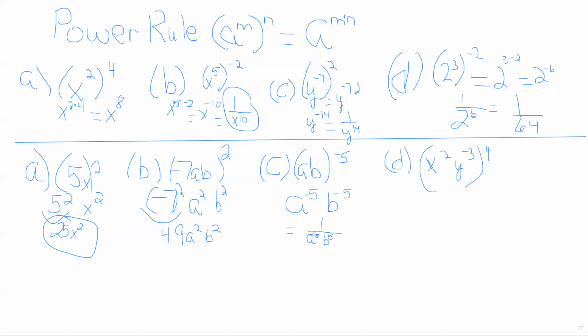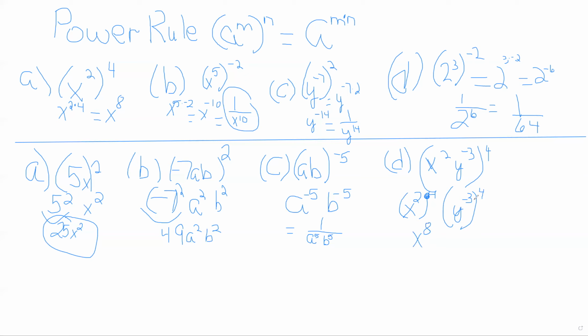Here, x to the second times y to the negative 3, raised to the 4th power. So what I will notice here is that I will have to take x to the second and raise it to the 4th power. I will have to take y to the negative 3 and raise it to the 4th power. And here we know by multiplication, 2 times 4 will give me x to the 8th.